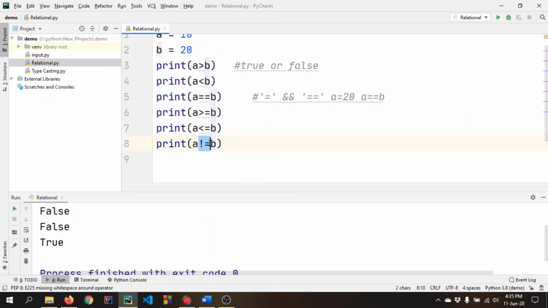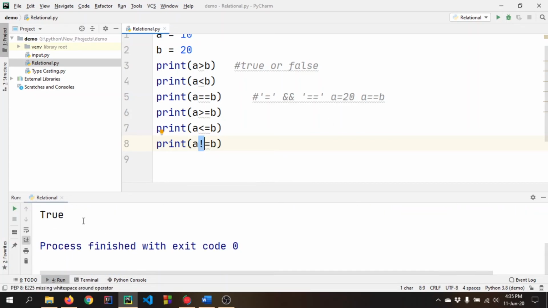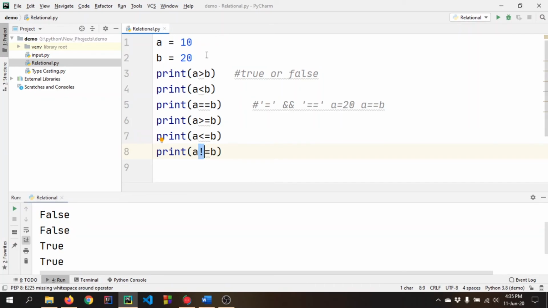This operator means a is not equal to b. We have an exclamation symbol and an equal sign here. The exclamation indicates not, so a is not equal to b. If we run this, we will see true because a is not equal to b. A is 10 and b is 20. So this is the opposite of equal equal.